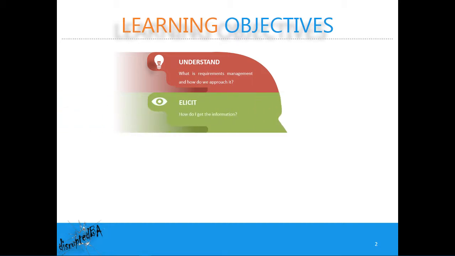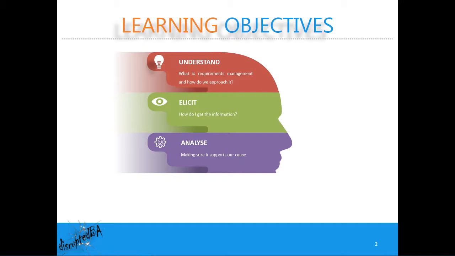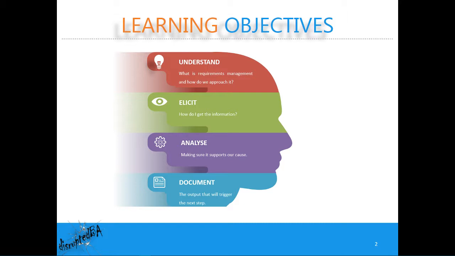Then we look at the first phase, which is elicit. How do I get the information I actually need? Then we look at the second phase, the analysis phase, making sure that it actually supports our cause. And then we'll end with the documentation phase, the input that will trigger the next step of the process.